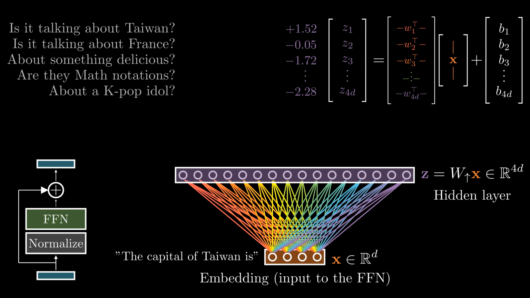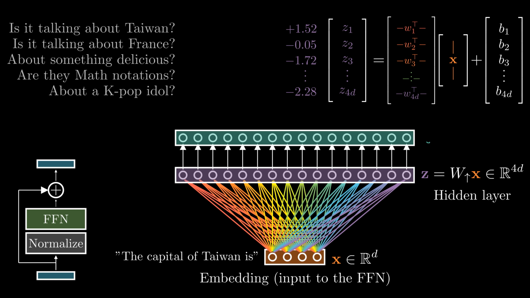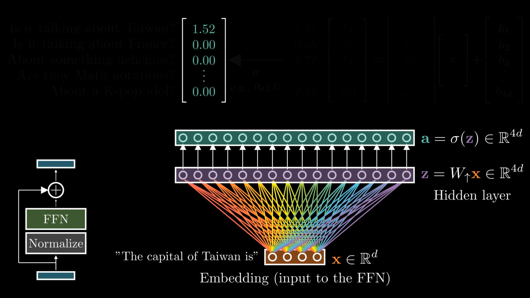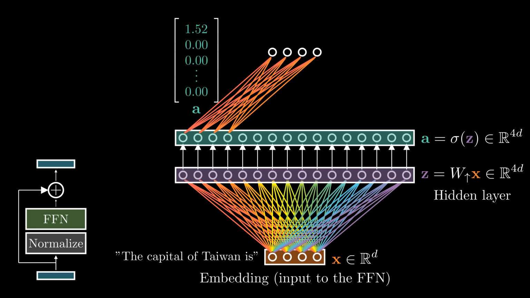The second part of the feedforward network is applying a nonlinear activation function to each dimension. For simplicity, suppose we use the rectified linear unit as an example. This effectively removes all the irrelevant questions from the first linear layer. We denote the vector after activation as A. The third part of the feedforward network is another linear layer that maps the vector A back to the same dimensionality as the input token embedding.